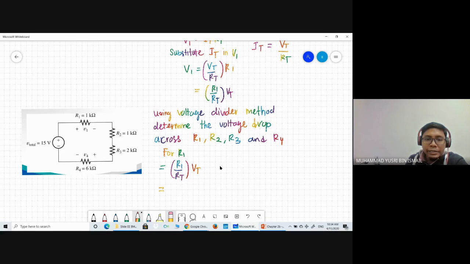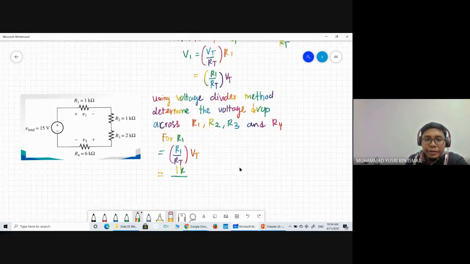R1 in this case is 1 kilo ohm, 1K divided by 1K plus 1K plus 2K plus 6K, times the total voltage, which represents the voltage supply, which is 15 volt.